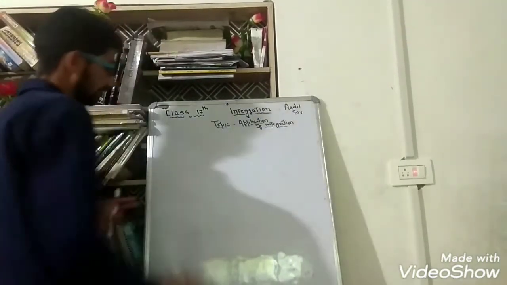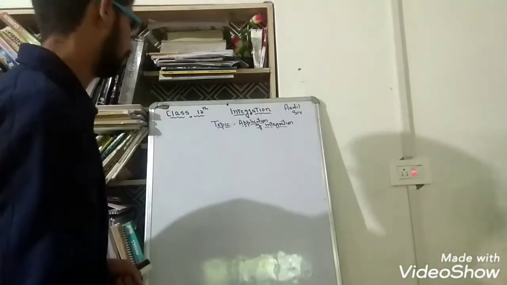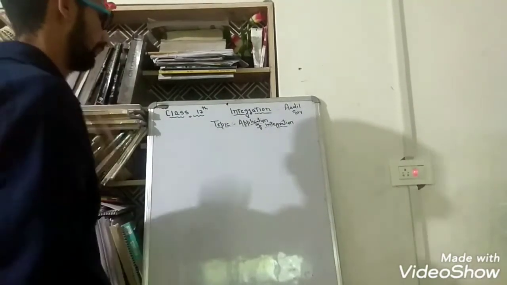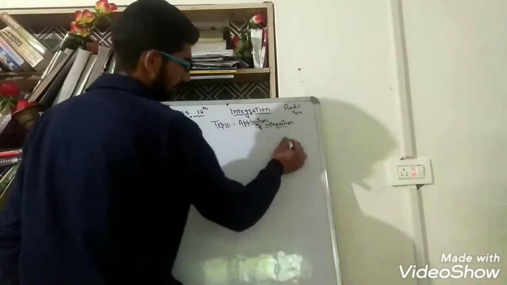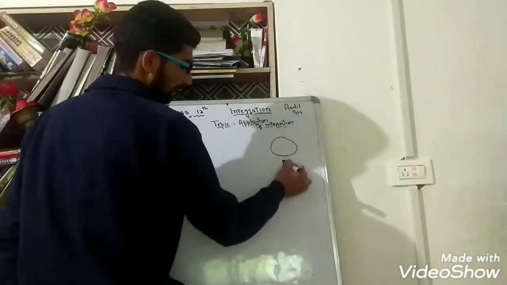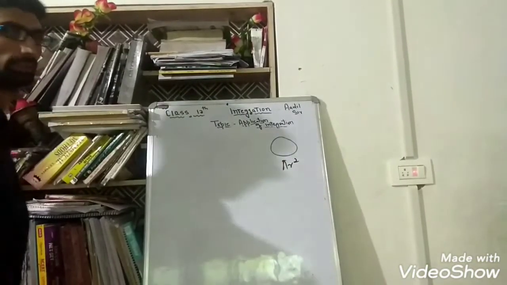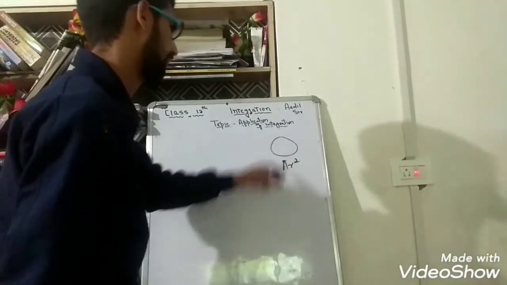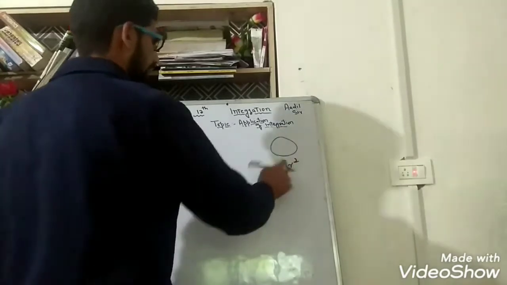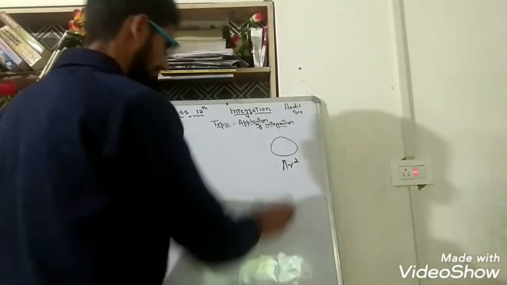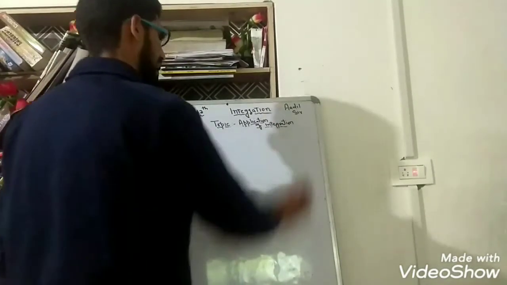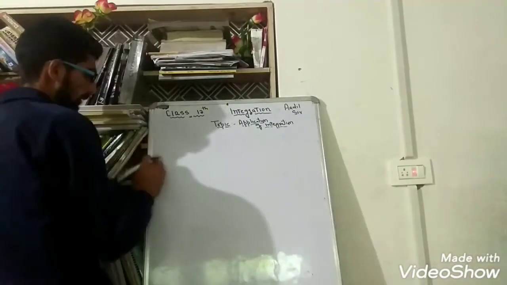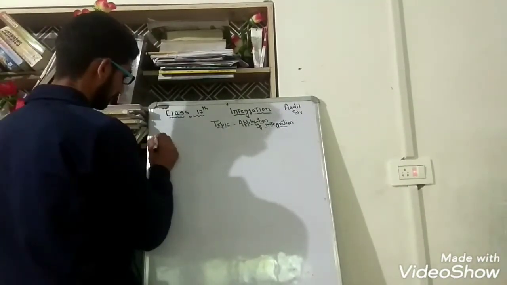You know that from our birth we know that the area of the circle is pi r square. Now today we are going to prove it, that the area under the circumference, this boundary, is pi r square. What is r? r is the radius, and pi we know is approximately 22 divided by 7. So you write down first result.